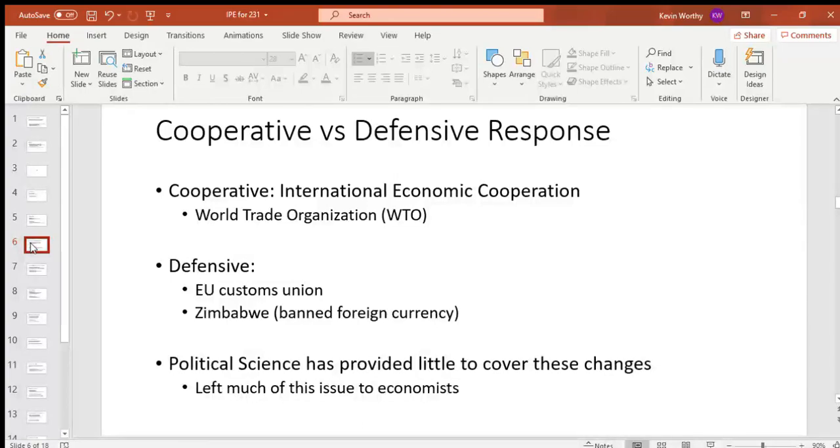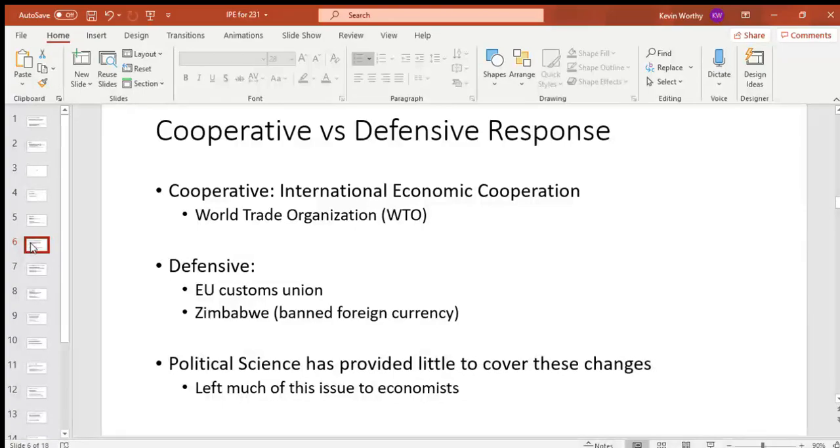And so you don't want to buy, right? If you were in France, you don't want to buy anything from Britain because it's going to be at a higher price. It's not a better product, it's just a higher price because it's going through that customs union. So with a customs union or defensive response, any goods coming in and out are going to be at a higher cost because we're going to add some sort of import tax or a levy or a tariff or a fee.